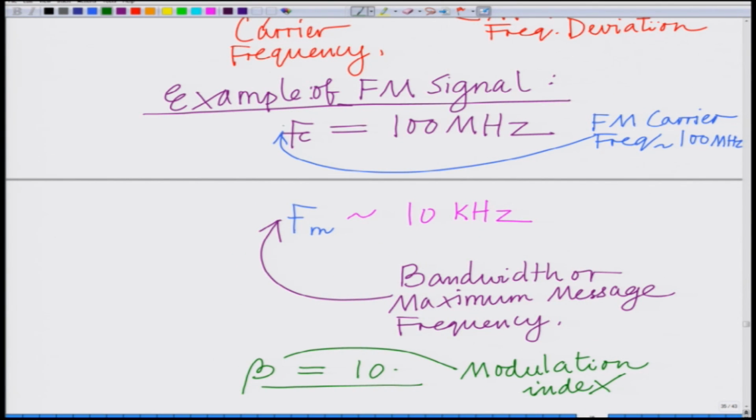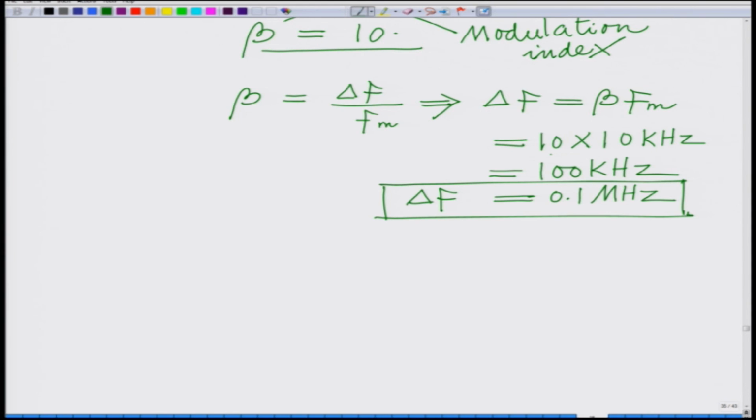Your carrier frequency Fc is of the order of 100 megahertz. So you can clearly see that delta f, approximately 0.1 megahertz, is much smaller than Fc, approximately 100 megahertz.